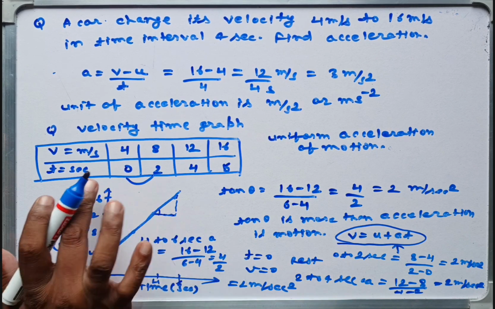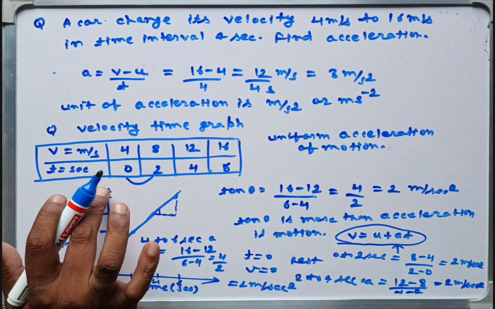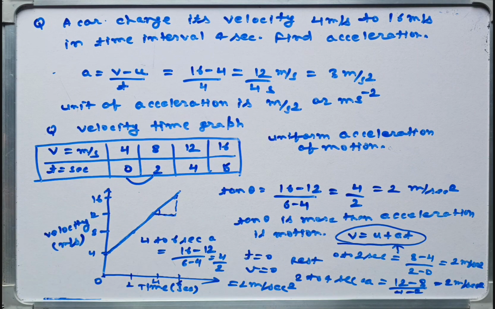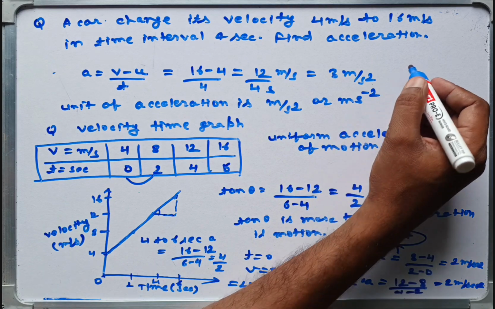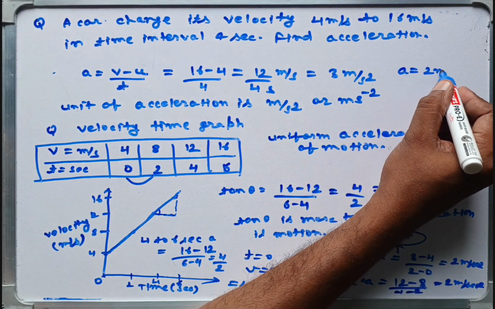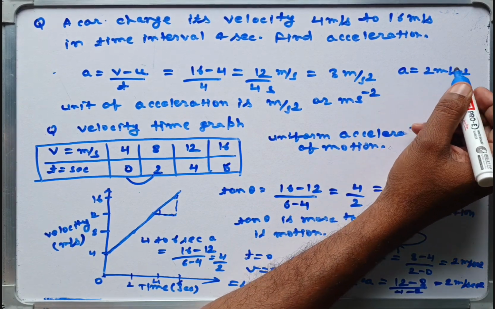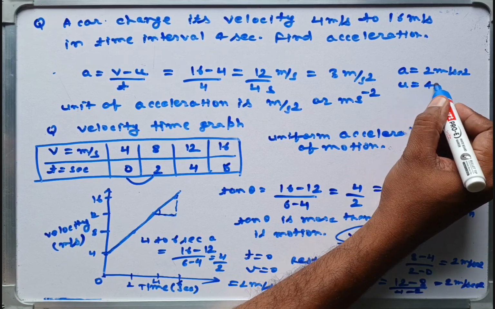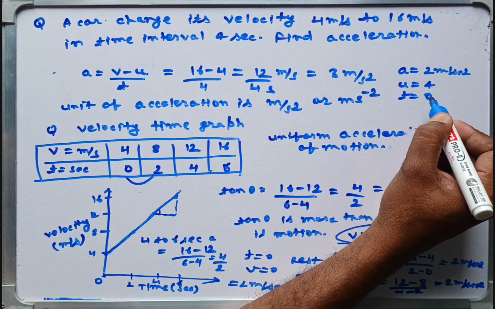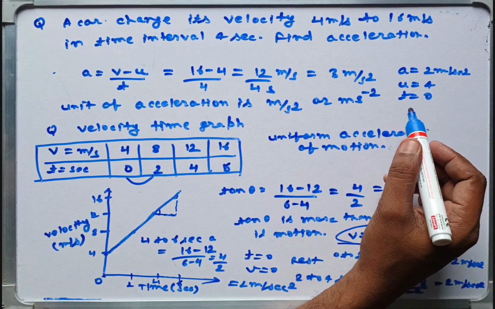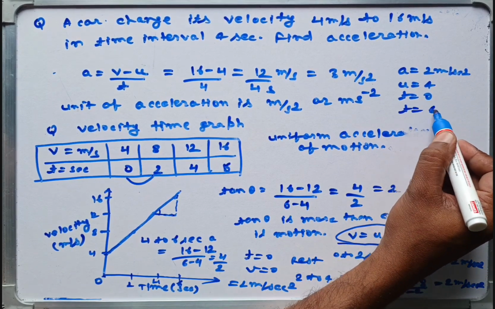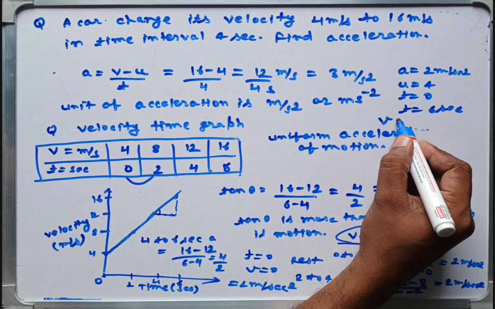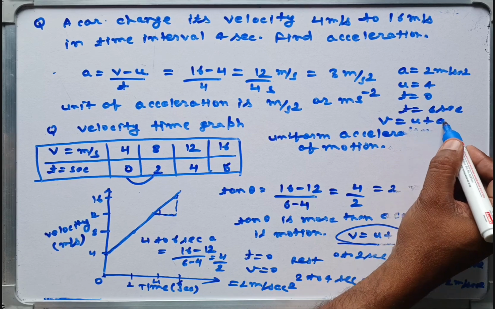And one more piece of information you can take from this: by using this formula you can calculate the velocity. Suppose you don't know the change of velocity, you just know the acceleration of the particle is 2 meter per second square, and its initial velocity is 4 at t equal to 0. So what will be the velocity at t equal to 6 seconds? Just apply v equal to u plus at.